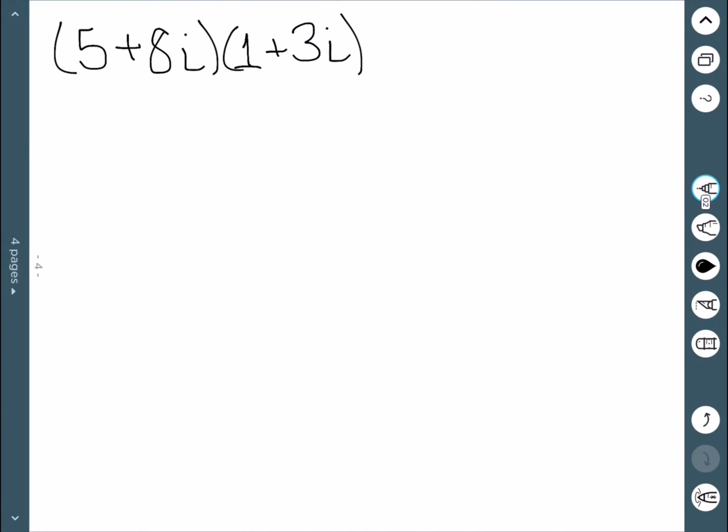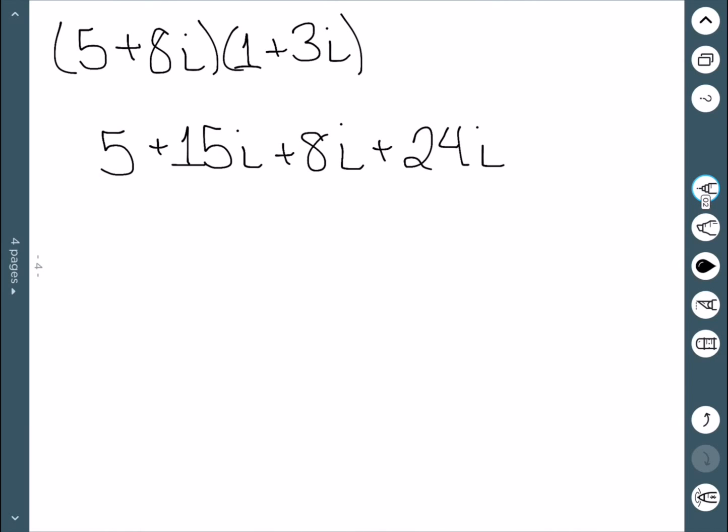Multiplication also works very similarly to how it did in polynomials. We're going to FOIL. The first terms, 5 times 1 is 5. The outside terms, 5 times 3i is 15i. The inner terms, 8i times 1 is 8i. And then my last terms, 8i times 3i is 24i squared. And here it's important to remember that i squared is equal to -1.